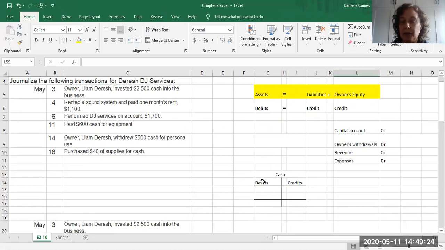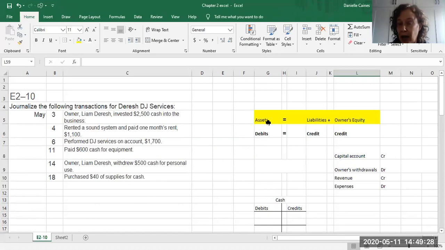Asset accounts' normal balance is a debit. The normal balance of liabilities and owner's equity accounts is a credit. Therefore, assets equals liabilities plus owner's equity, and debits equal credits. As long as you have a debit and a credit, you will always balance back to our basic accounting equation.